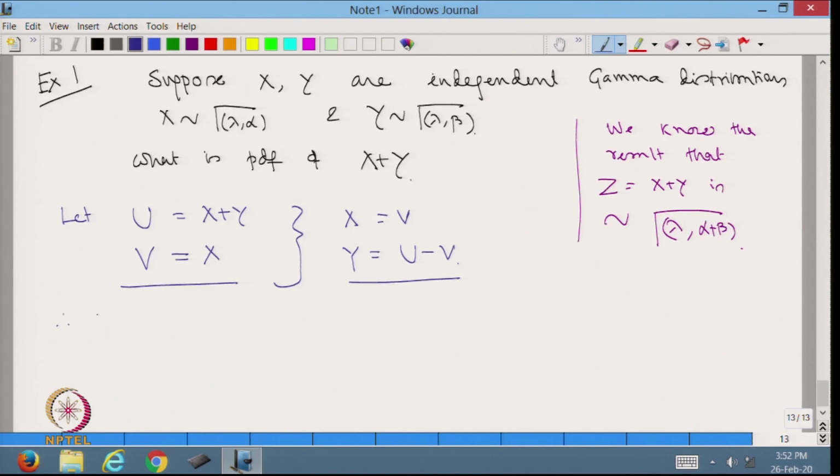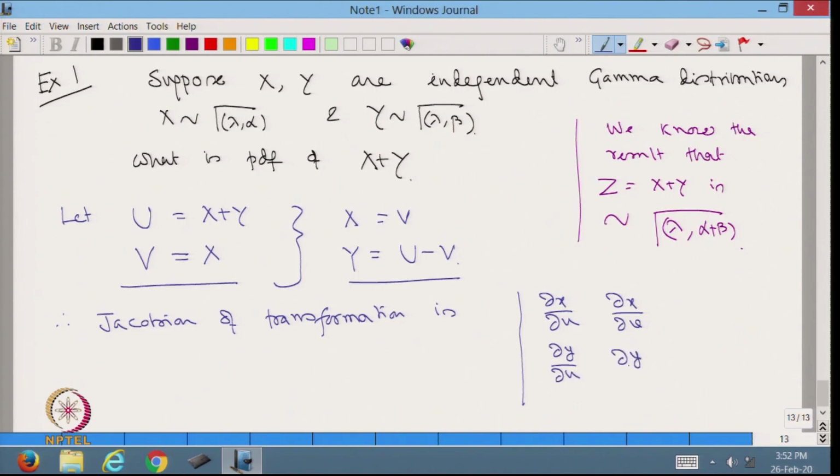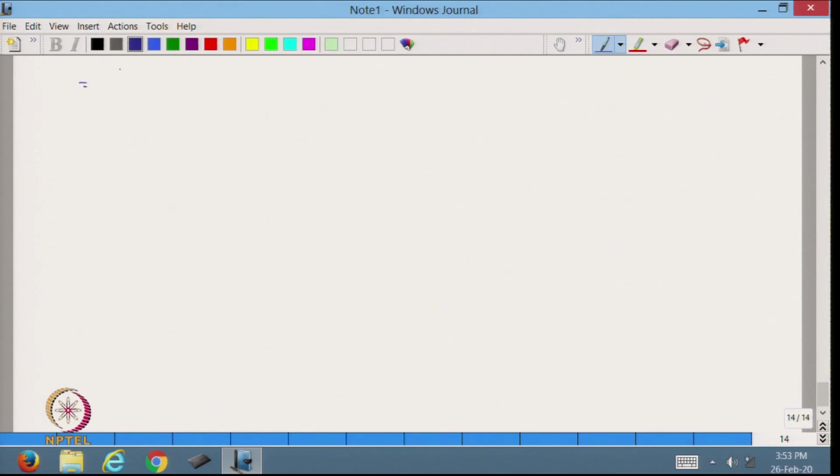Therefore, Jacobian of transformation is del x del u, del x del v, del y del u and del y del v, which is equal to del v del u, del v del v, del u minus v del u, del u minus v del v.